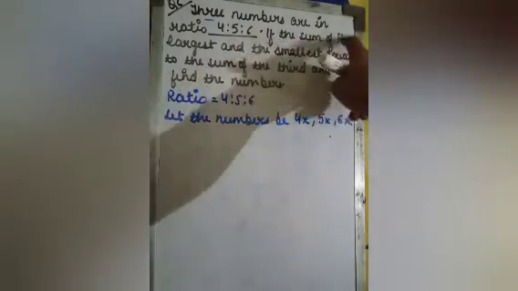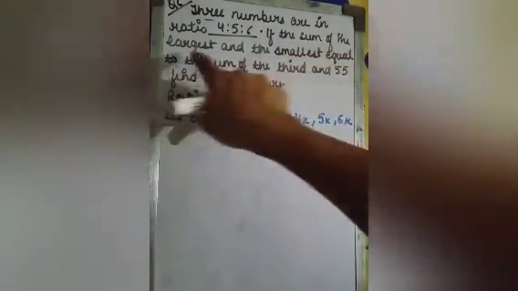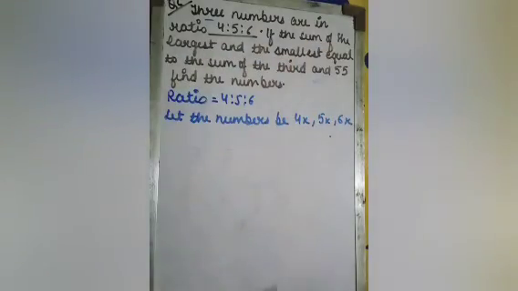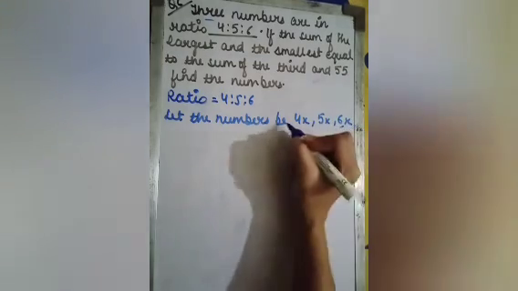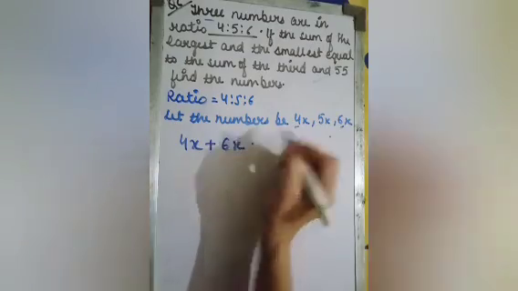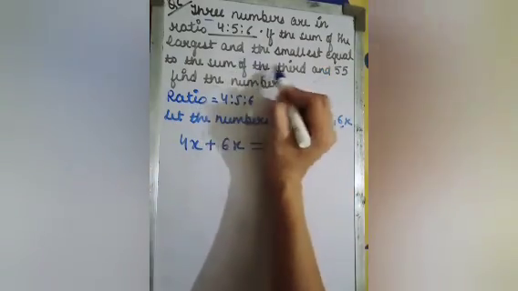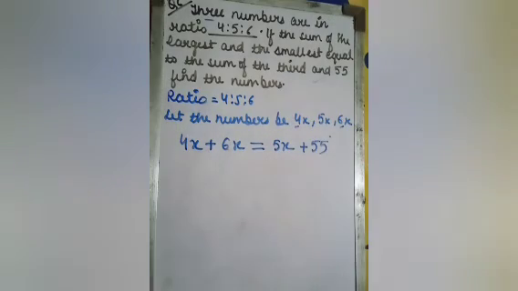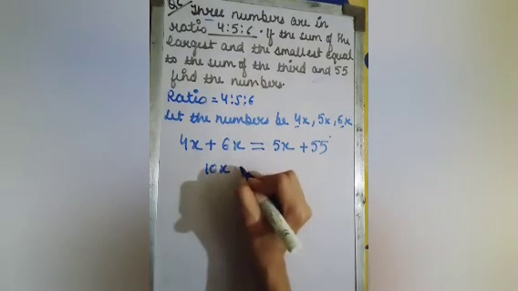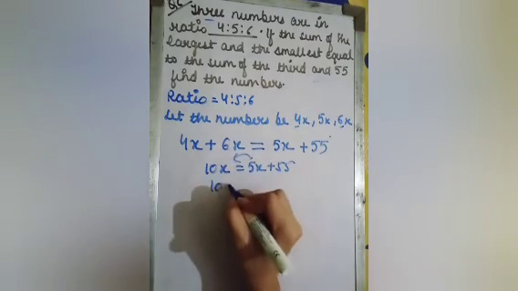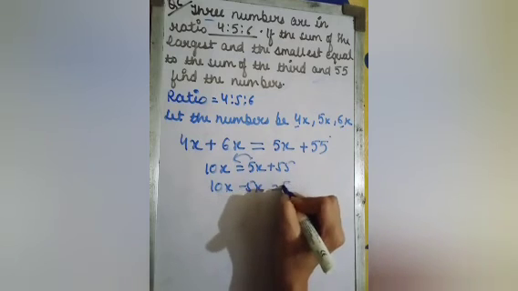Now if the sum of largest and smallest is equal to the sum of third and 55. Now this is the largest and this is the smallest. So sum of largest and smallest is equal to किसके है? Sum of the third जो बचा हुआ है and 55, right? Now this is your equation. Write the x terms together. We'll send this on this side.